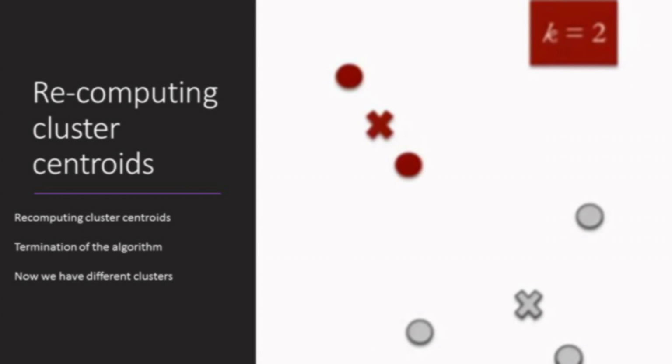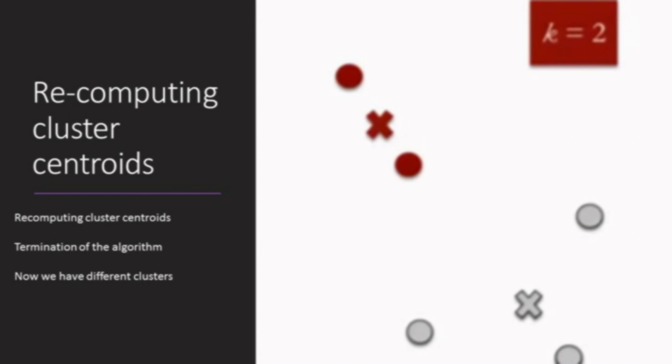Recomputing cluster centroids occurs, termination of the algorithm. Now we have different clusters. And we have greater homogeneity within the group and greater heterogeneity in between the groups.